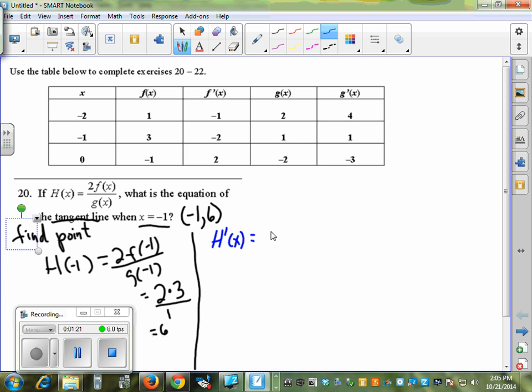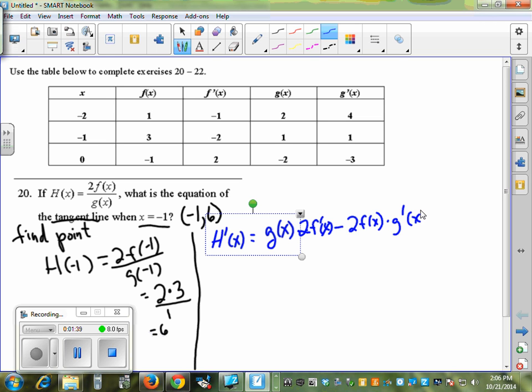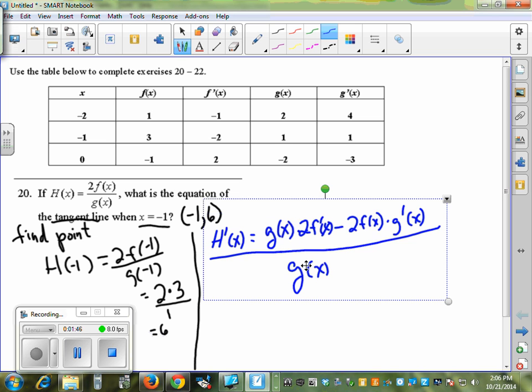The derivative will be low d high minus high d low, square the bottom, and away we go. I hope America's Got Talent is watching.